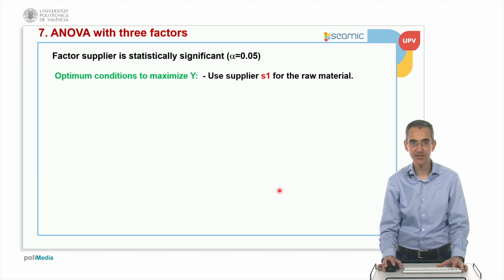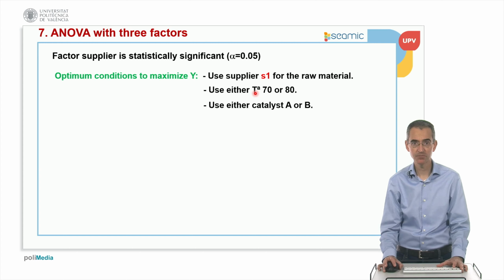So what would be the optimum conditions to maximize the response variable? To use supplier 1. So we have to choose between S1 or S2. In this case, we choose S1 because on average, as I have explained in the previous slides, we were obtaining a higher value with this first supplier. And then for temperature, as this factor was not significant, it doesn't matter to choose 70 or 80.